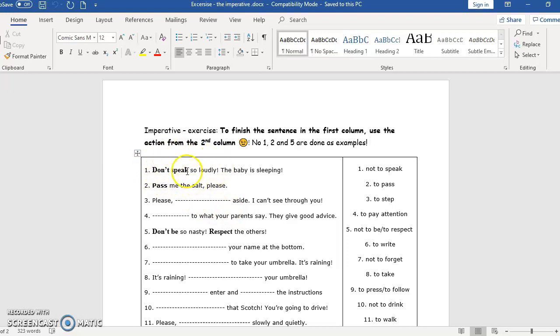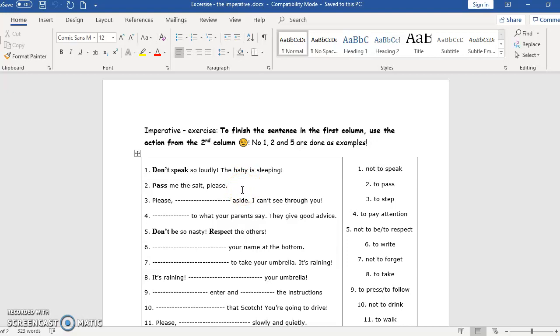Don't speak so loudly. The baby is sleeping. Pass me the salt, please. Whenever you're in the restaurant for a meal out, you may need something that you cannot reach. And it is a request to another person.